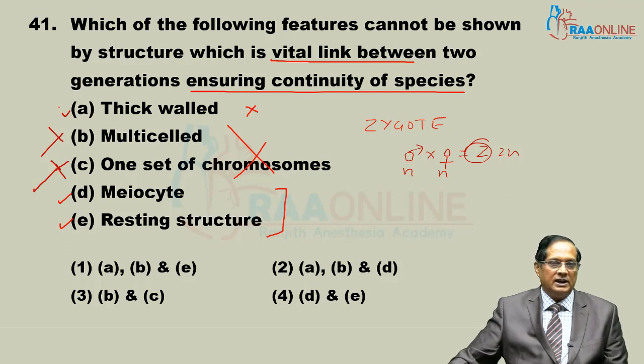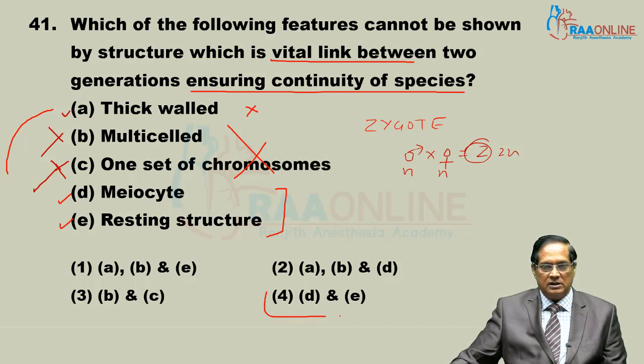But as far as thickening is concerned, it is seen in some algae only, otherwise in meiocyte in some algae, and resting structures also. So that's why the answer is D and E.